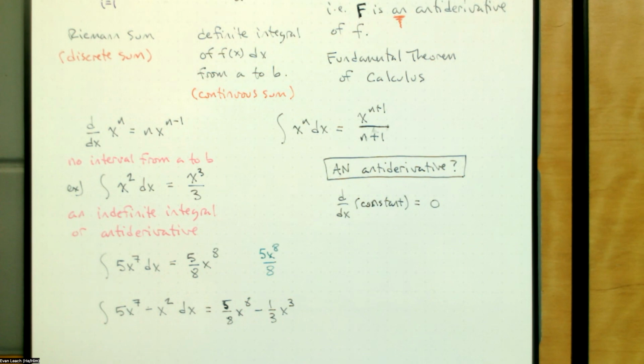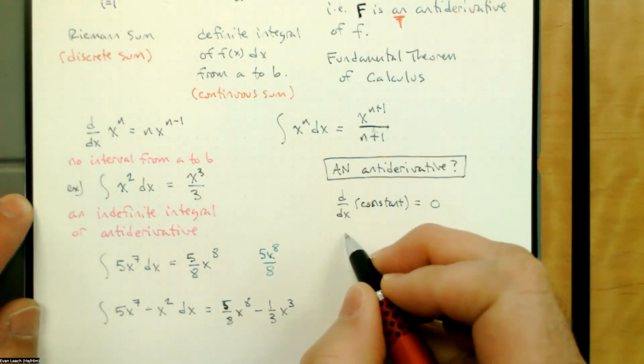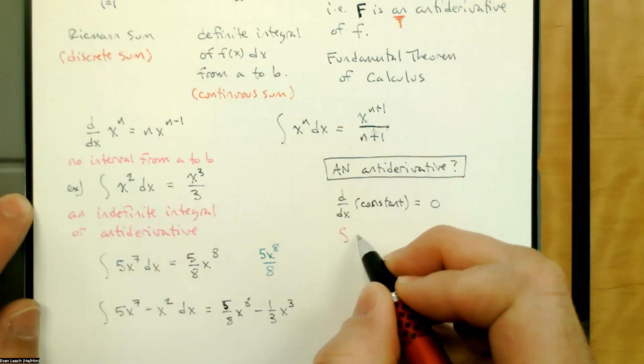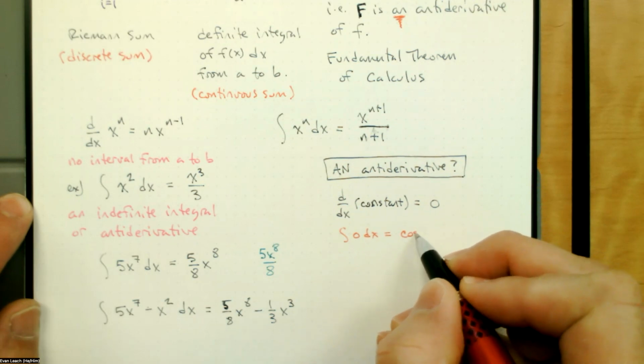So if we have a derivative that's 0, we don't know what it came from, but we do know it was a constant. If the derivative of something is 0, we don't know what constant we started with, but we know we started with a constant. That's good enough. So the integral of 0 dx is going to be some constant.